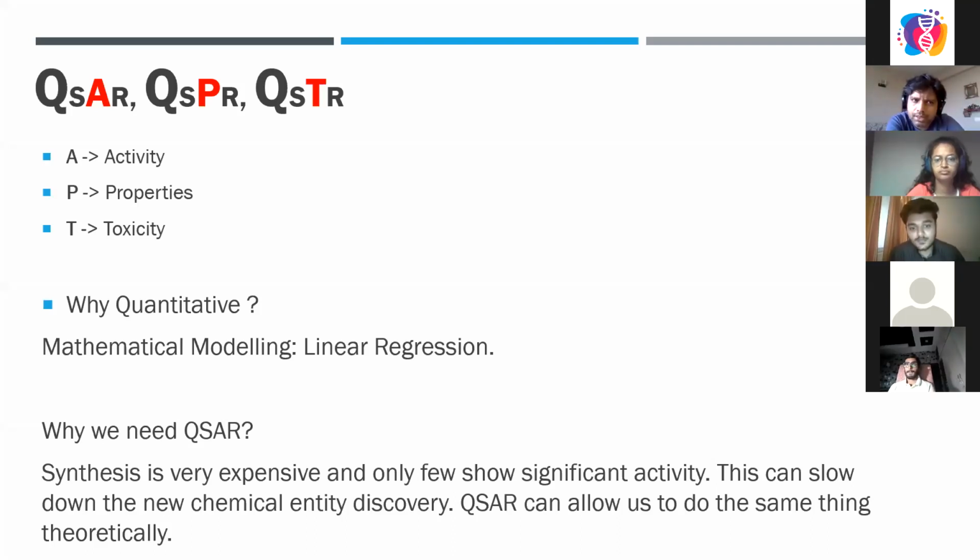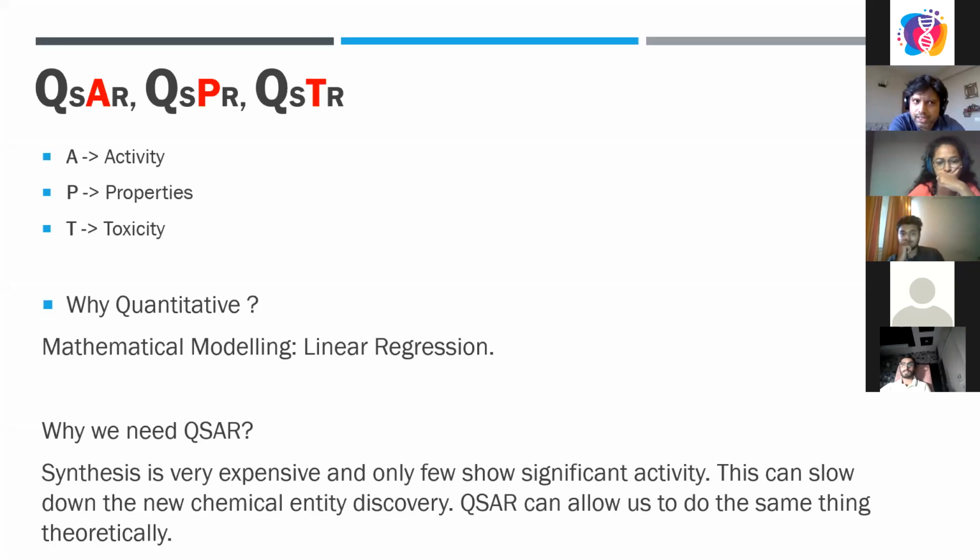Now, sometimes people say, okay, I understand SAR, which is structure-activity relationship, but why is it quantitative? What does the Q stand for? Definitely Q stands for quantitative. And why are we saying quantitative? It's very simple, because we are using mathematical modeling. We are taking it as numbers.